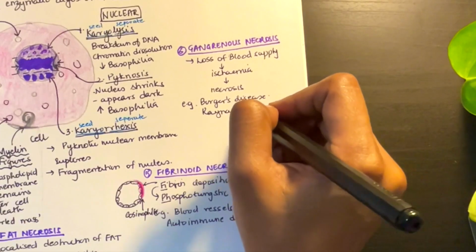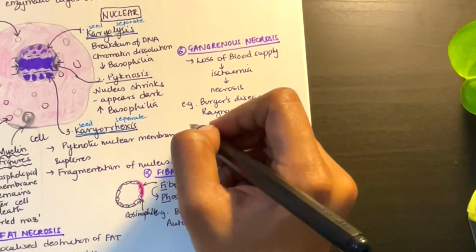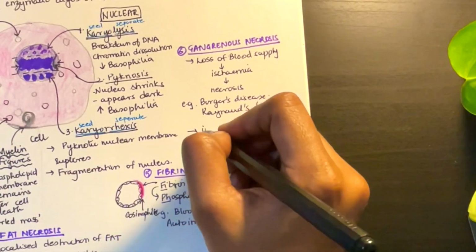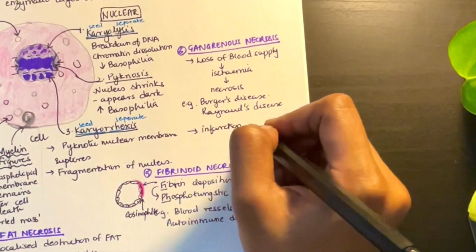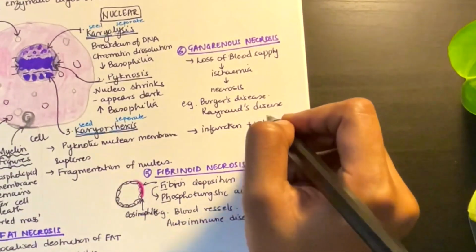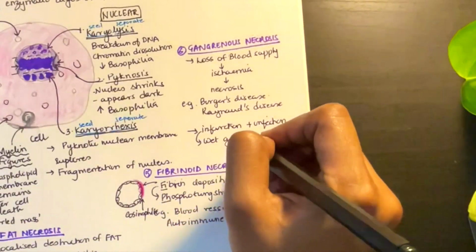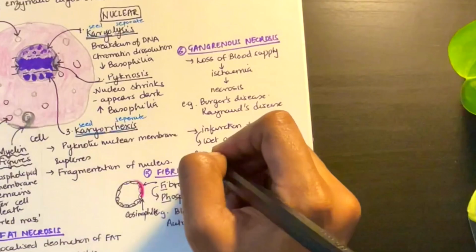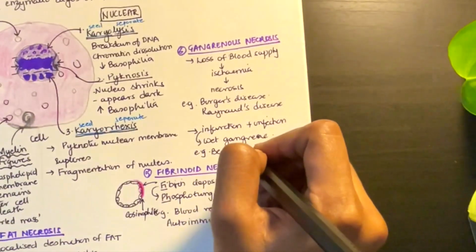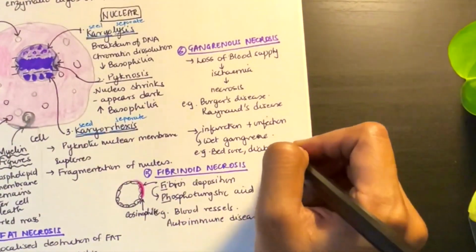When this infarction is superadded with infection, we refer to it as wet gangrene. So infarction plus infection is wet gangrene. And examples of wet gangrene are diabetic foot or bed sores.